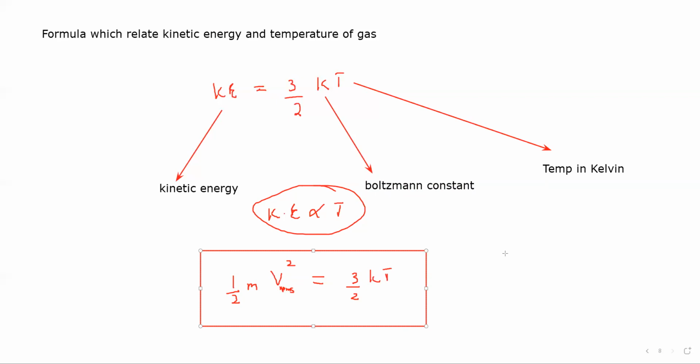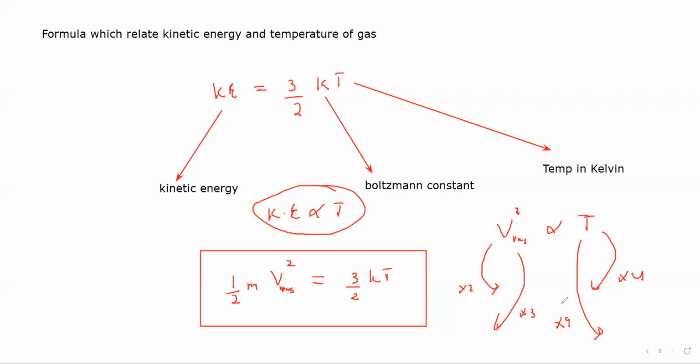From this formula, you can say the root mean square speed square is proportional to temperature. It means if I double the speed, the temperature will increase by 4. If I triple the speed, the temperature will increase by a factor of 9. So it varies with a square. Is it clear? That is the relation between the temperature and the kinetic energy of the gas molecules.